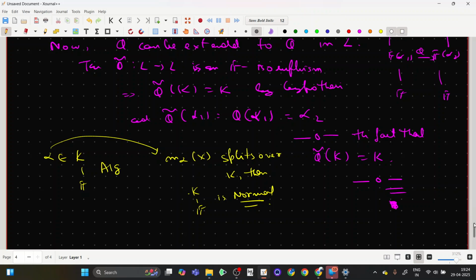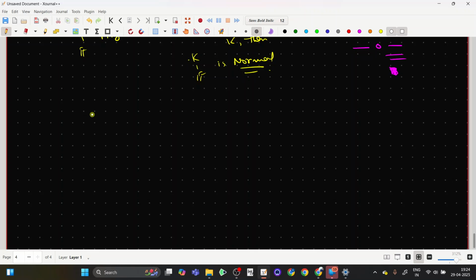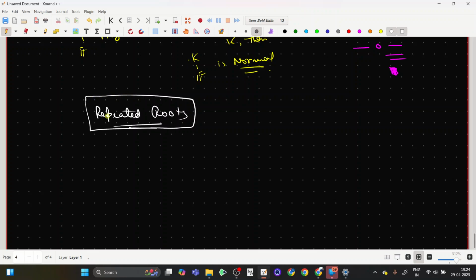Now at this point I would ask you to go back to the way we had discussed repeated roots. I do not remember whether I had discussed this in detail or not, but with context I'll keep discussing repeated roots, the notions of derivatives, in order to check whether there exists a repeated root or not.